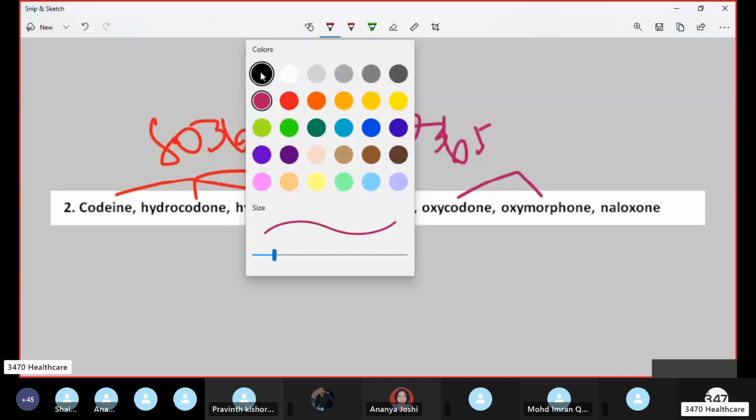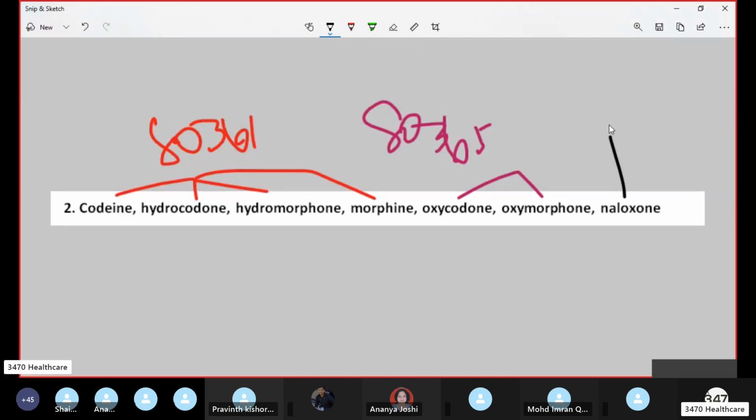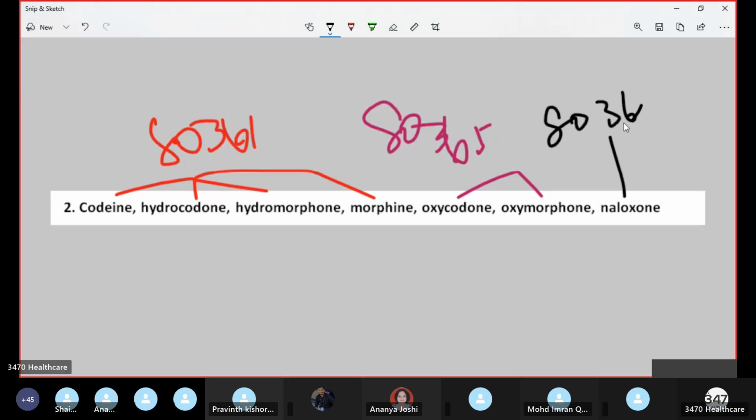Then the third one, naloxone, is for opioids and opiate analogs, so 80362. So everyone clear? So 80361, 80362, and 80365.